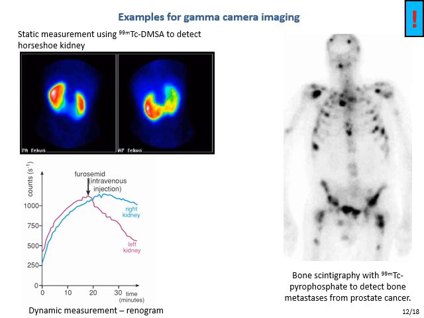Let me show you a couple of examples of what kind of images you can produce with the gamma camera. In the left part of the figure, you can see the application of radioactive metastable technetium for imaging the kidney.